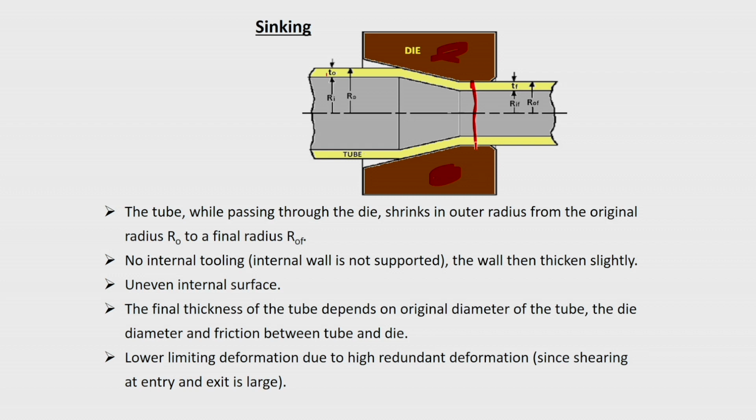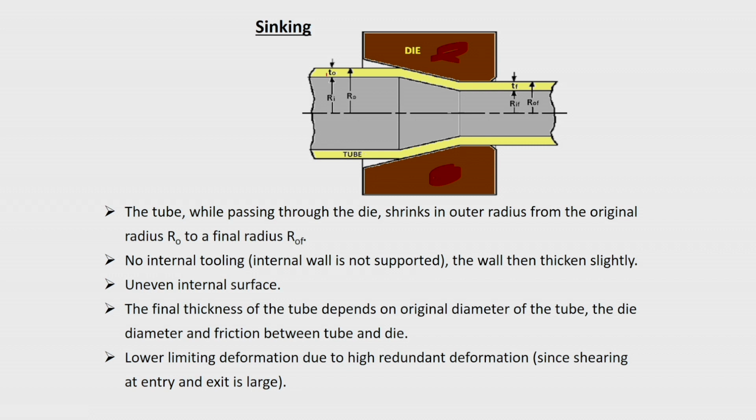Basically, at this throat region, or bearing region, it will take care of only the outside diameter. The inside diameter has no support, and because the metal is flowing, there is going to be a slight increase in the thickness of the material after the tube drawing operation.